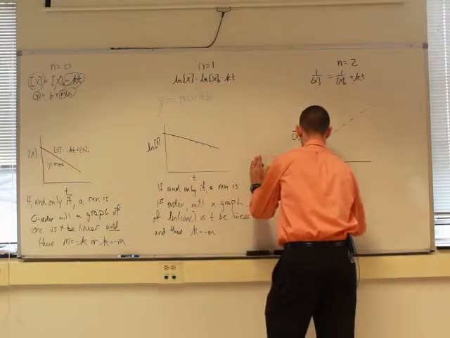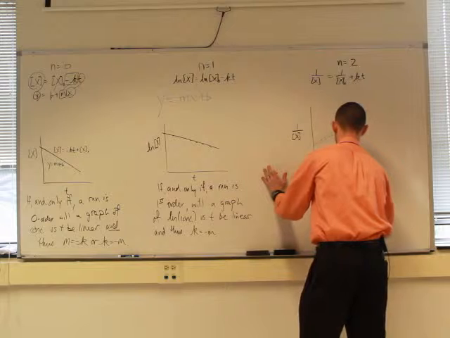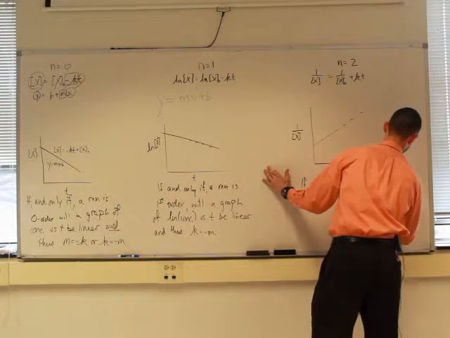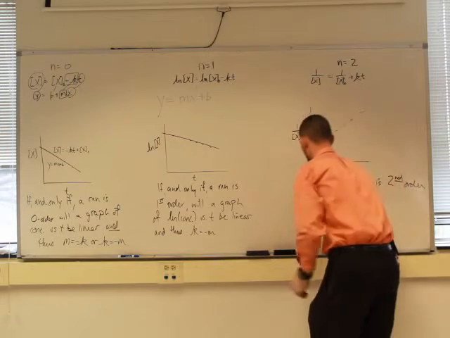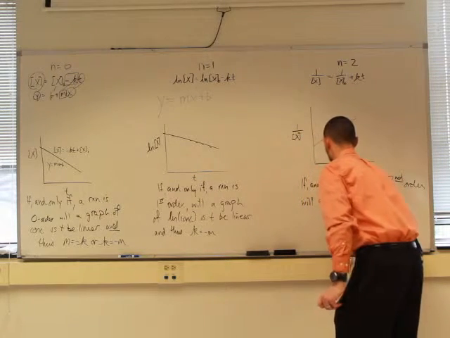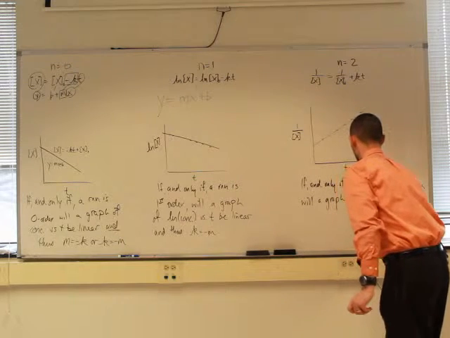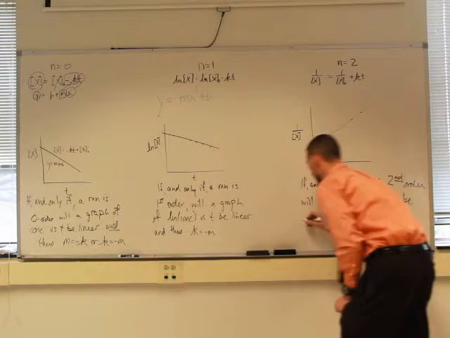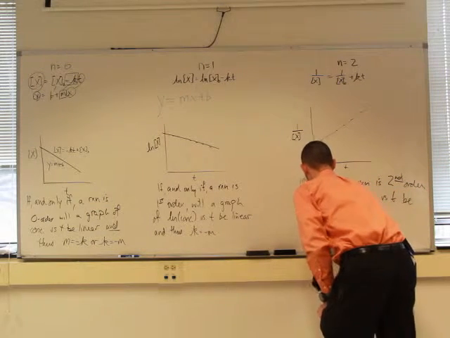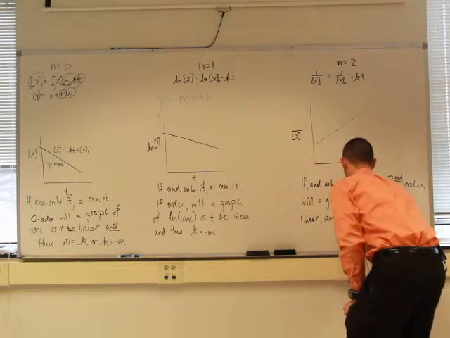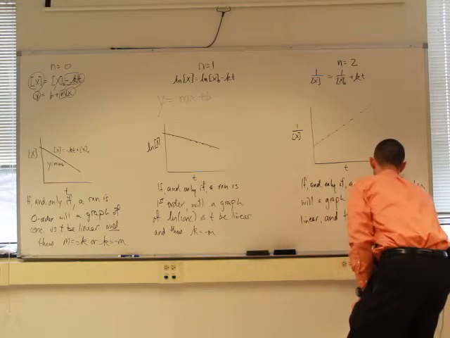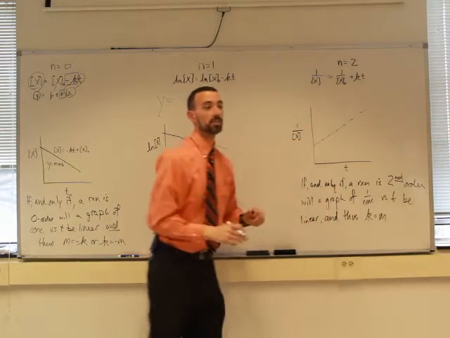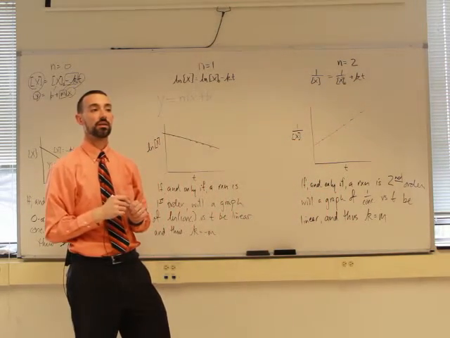And we would write here, if and only if a reaction is second order, will a graph of 1 over concentration versus time be linear, and thus k equals m when you relate the two forms, generic line to the specific variables in play here.